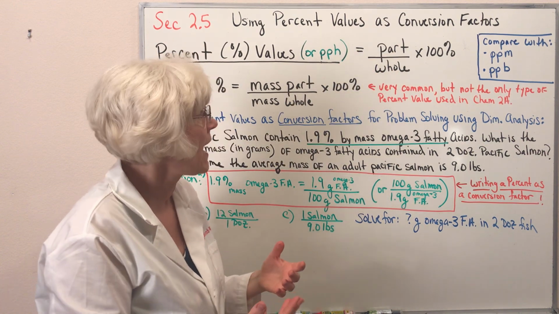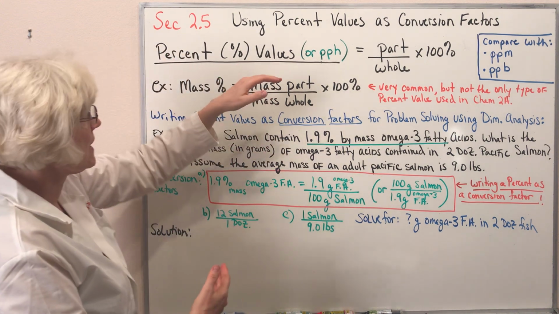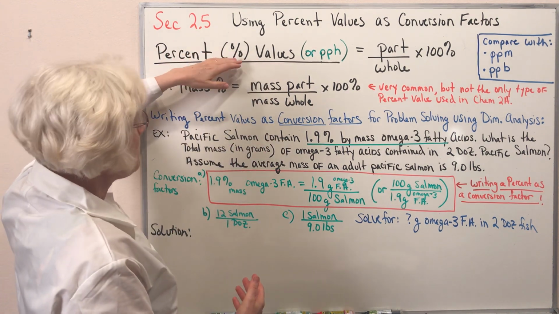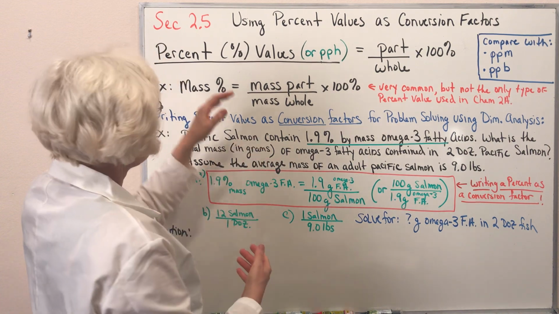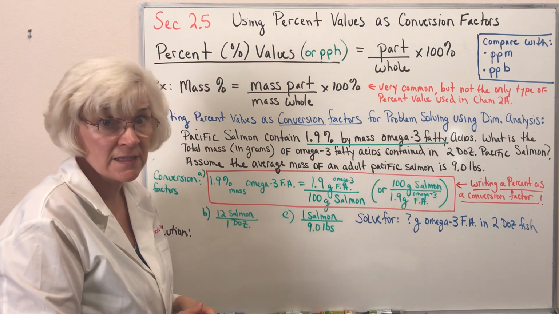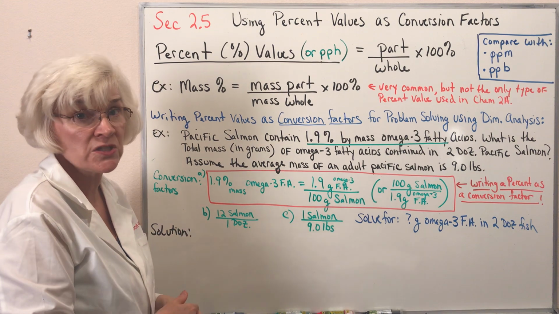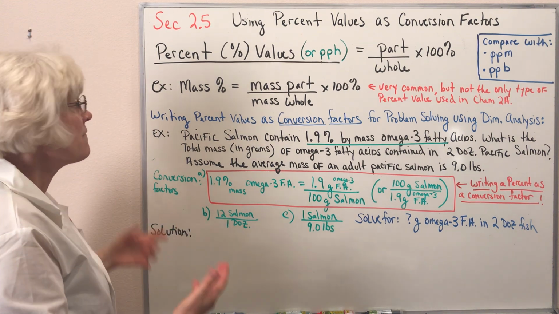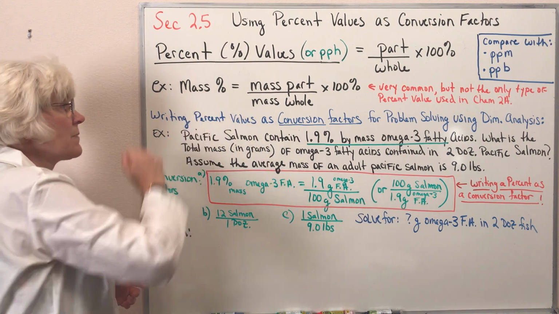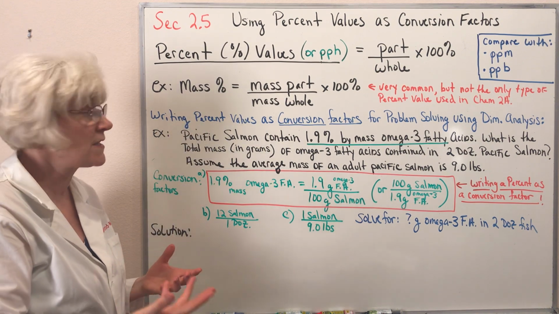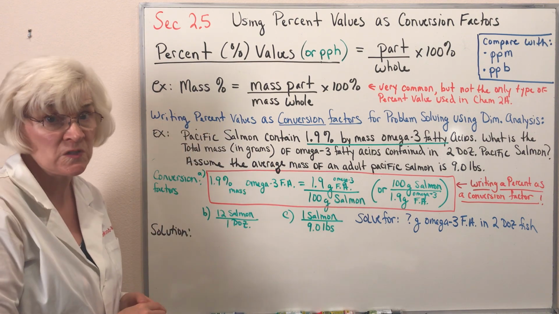In Chem 2A, we most commonly will be working with PPH, as in parts per hundred. We will be working with percent, parts per hundred. A very common type of percent value that we use in Chem 2A is mass percent.